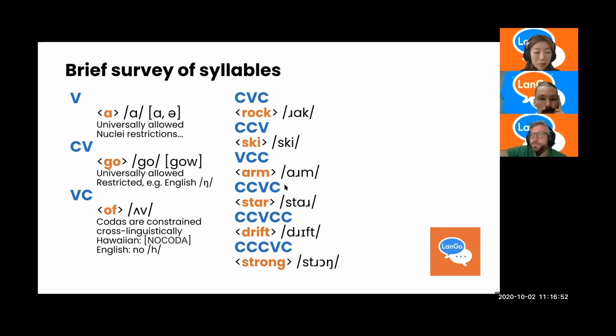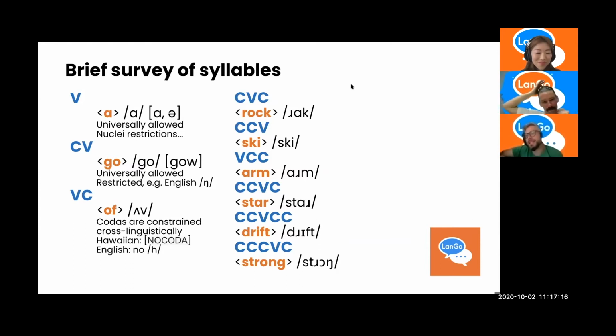Perfect example. Our next, we're going to call it a common syllable shape, is VC. So that's vowel consonant. And in English, this is exemplified by the word of, full of pizza. Right. So of only has a vowel and a consonant.